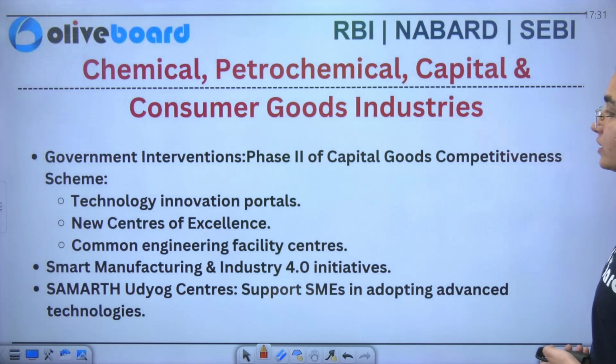Next is government intervention. Phase 2 of the Capital Goods Competitiveness Scheme includes technology innovation portals, new centers of excellence, and common engineering facility centers. Similarly, there are smart manufacturing and Industry 4.0 initiatives.